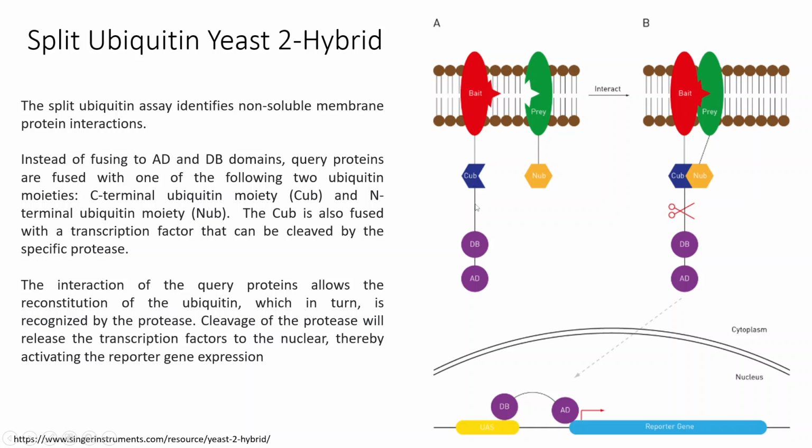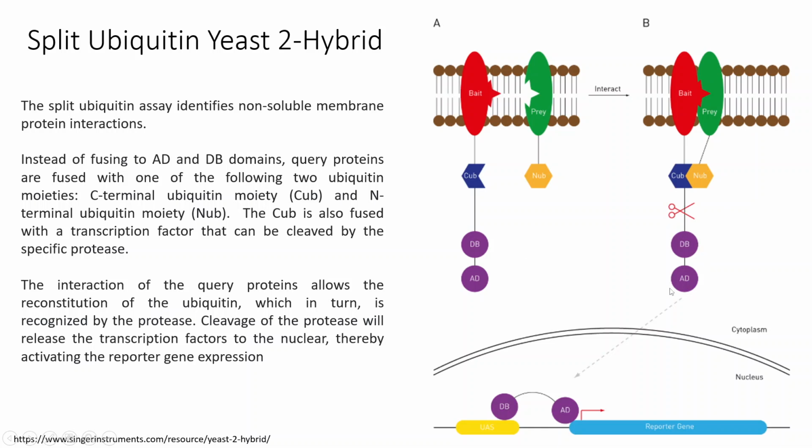But the region that's linking Cub to the transcription factor has some sites where a protease can come and cleave it. And it will only do so when Cub and Nub are interacting. So the interaction of these two query proteins, bait and prey, will allow Cub and Nub to interact with one another, which is then recognized by this protease that comes and snaps it.